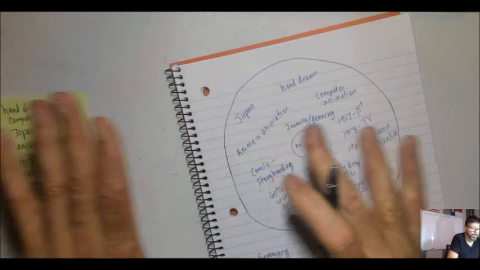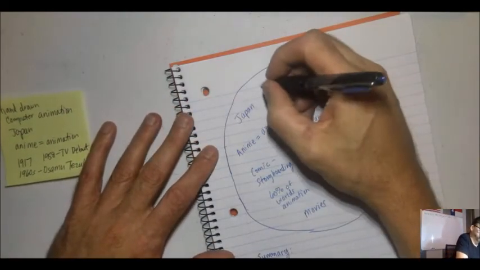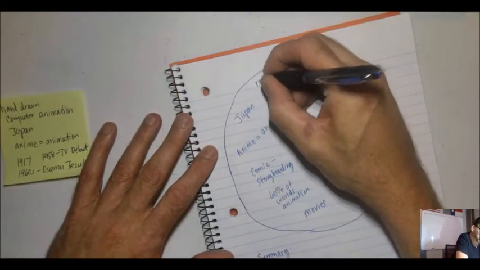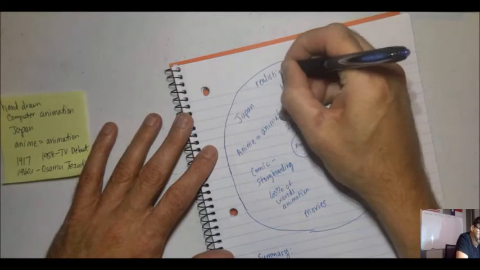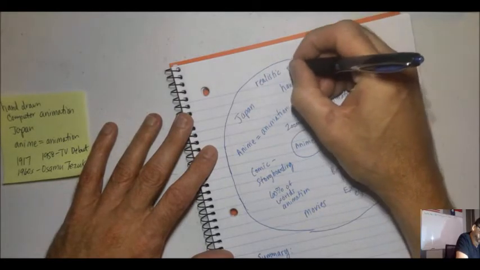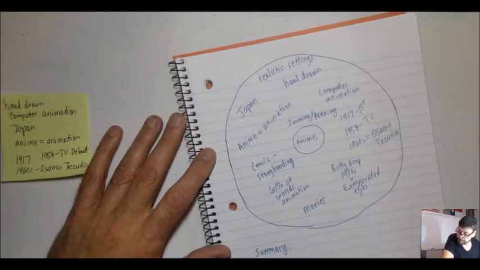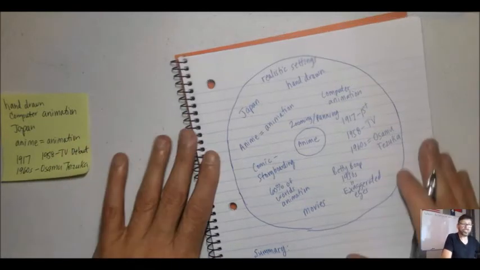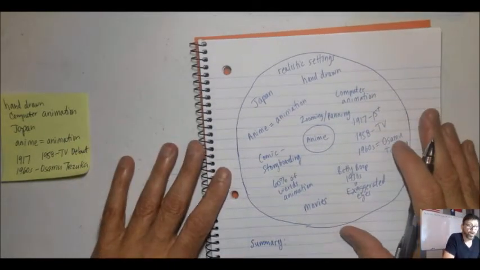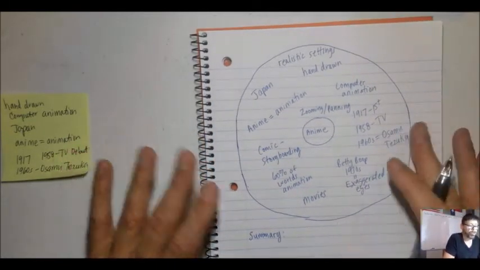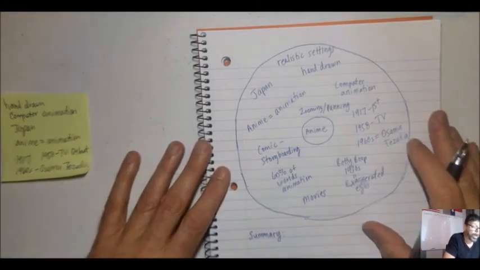Okay, so it's like moving across, and the backgrounds are realistic. We can put realistic settings. Okay. What else could we put? I think that's good. So this is just an example of what you would be taking notes while you were being taught through a video, through one of my lectures, or whatever.